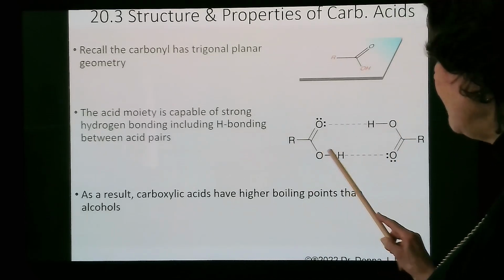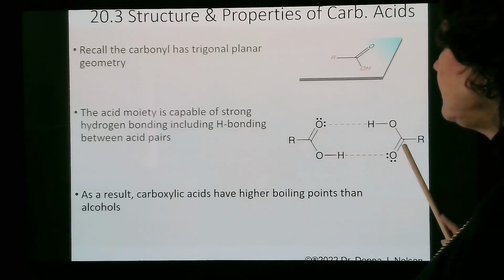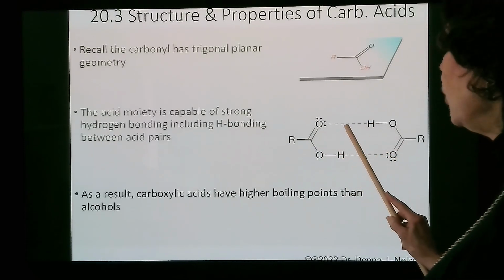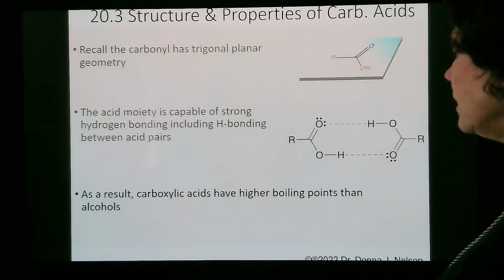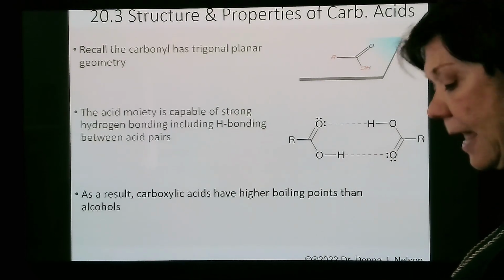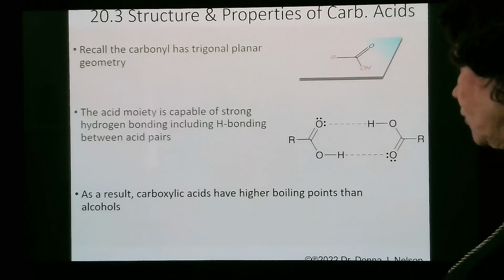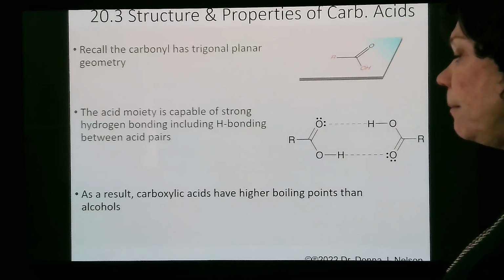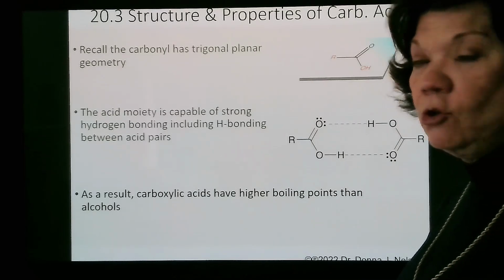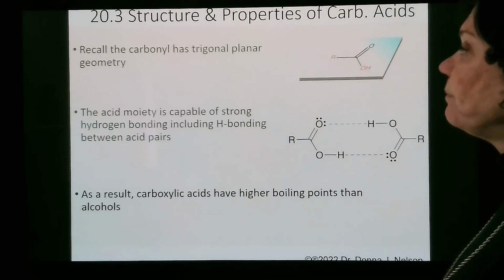And because of this multiple hydrogen bonding, which is quite strong, carboxylic acids have higher boiling points than alcohols and than you might expect.